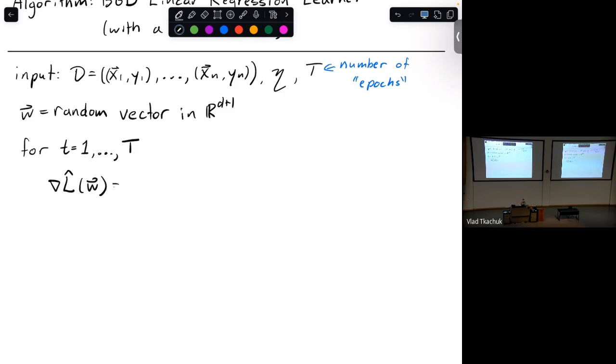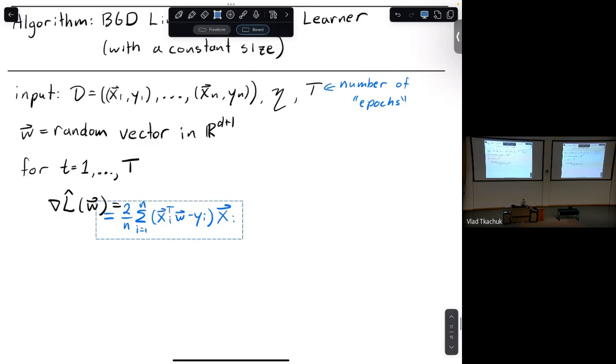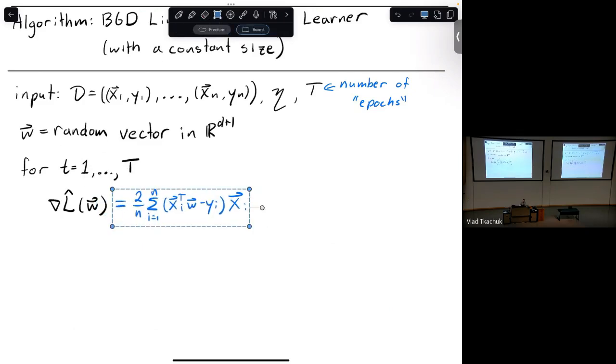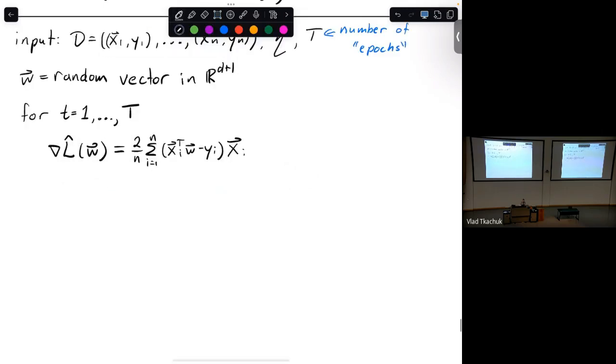So the gradient is going to be set as what we calculated. Okay. And then all that's left is to update your parameter.